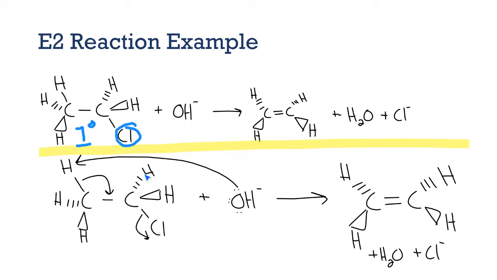As all this is happening, these groups are shifting down, and these are shifting up. See here I have the double bond formed, and those shifted down, and these came up. So that's a nice symmetrical molecule. Water formed from hydroxide taking that beta hydrogen, and the chlorine came off as an anion. You all good with that one? Okay.